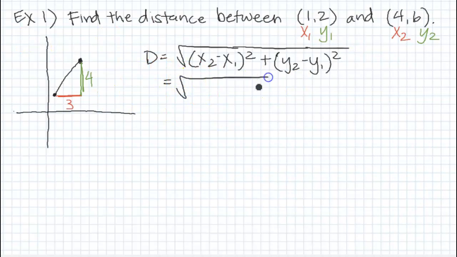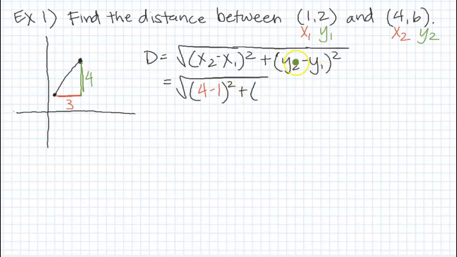All right, I want to take my numbers from my points and replace or substitute into my formula. So first I should be taking my x2 and x1. So 4 minus 1. I am going to close my parentheses and write my squared exponent of 2.